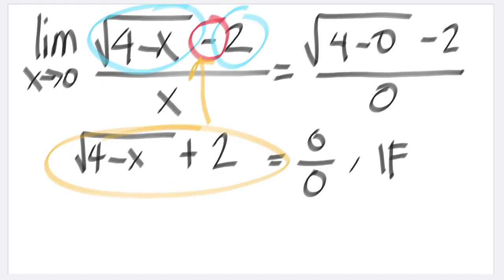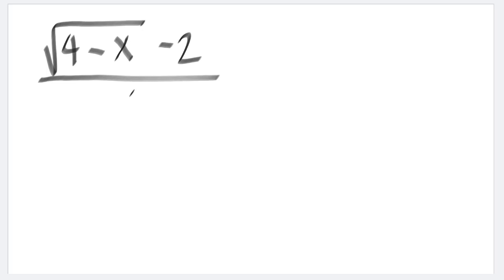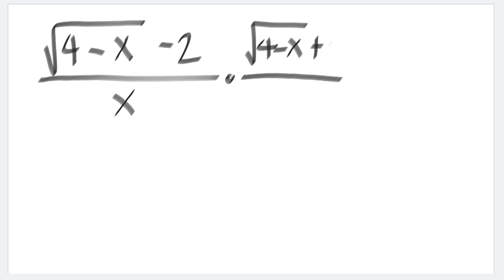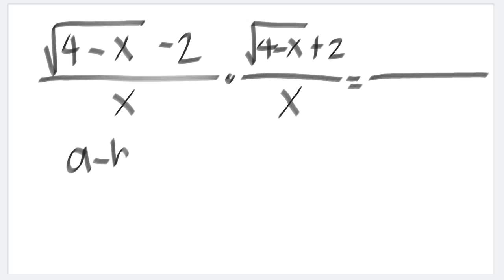So I'll just have to work with this function first, square root of 4 minus x minus 2 all over x. Now you multiply that one by the conjugate, square root of 4 minus x plus 2 all over x. We know already in algebra during your senior high school that multiplying this is just in the form of a minus b and a plus b.